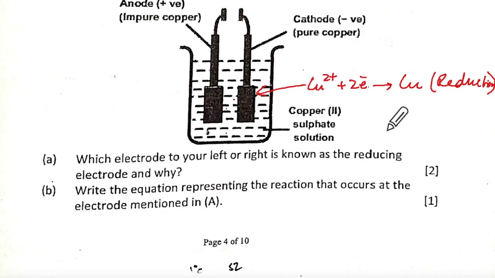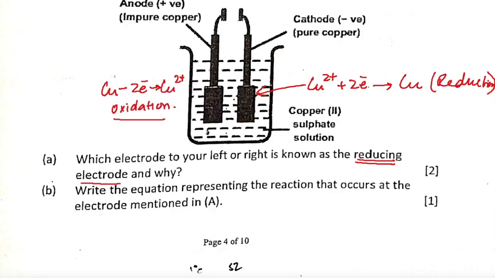Ma'am, I said reducing agent means it gets oxidized, right? No, it is not reducing agent, it is reducing electrode. Reducing electrode means reduction is happening over there. Anode is where Cu minus 2 electrons gives you Cu2+, so oxidation takes place. So this becomes the oxidizing electrode.